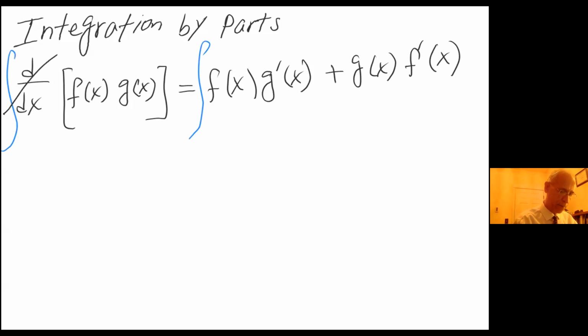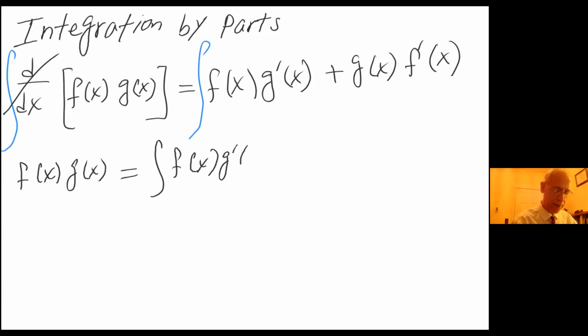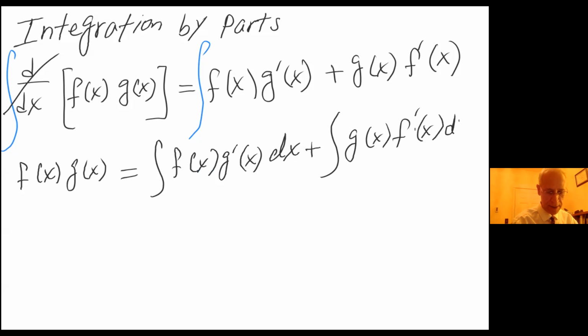So I have f of x times g of x. And on the right-hand side, I will have integral of f of x, g prime of x, dx plus integral of g of x, f prime of x, dx.